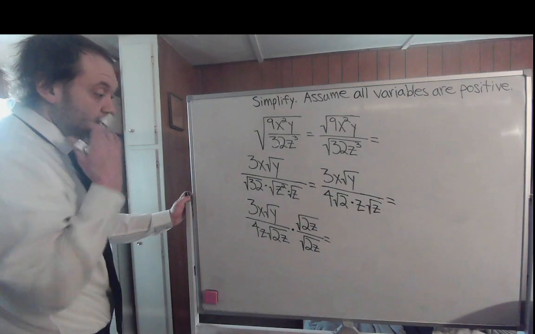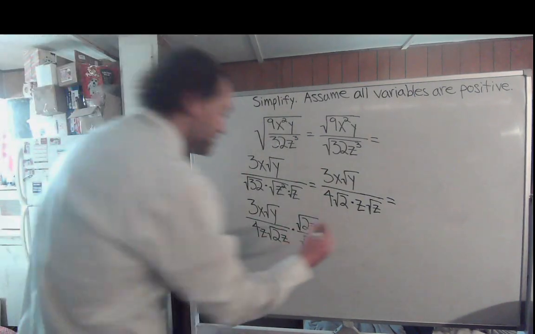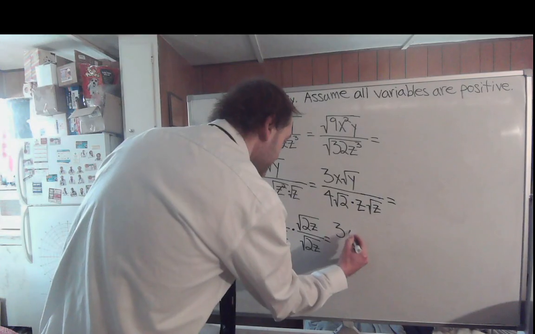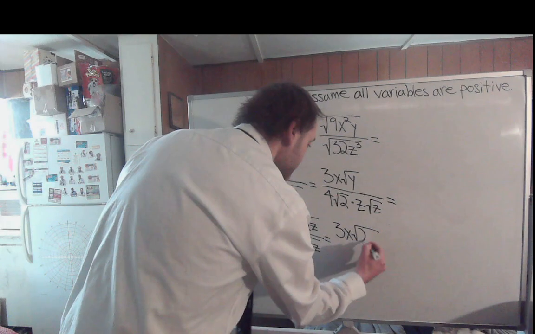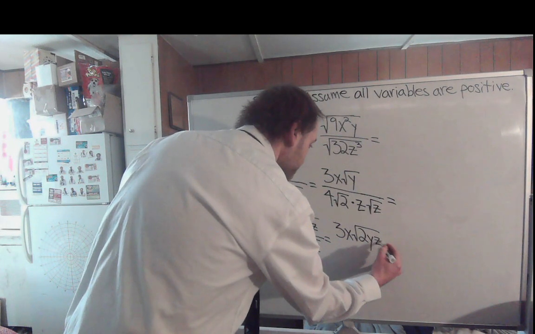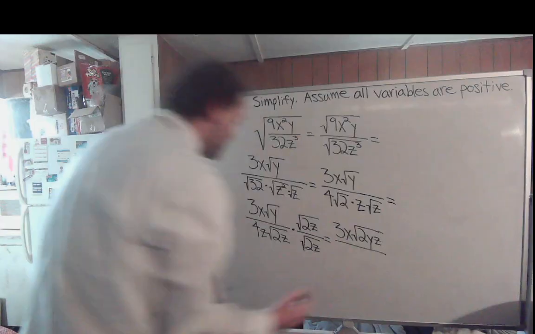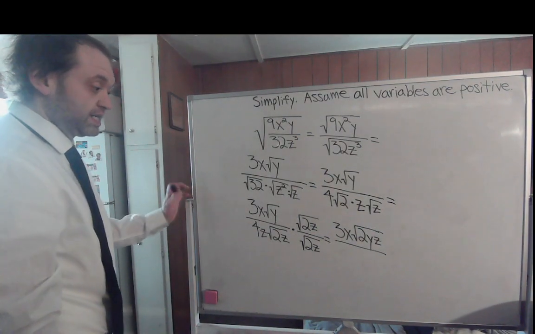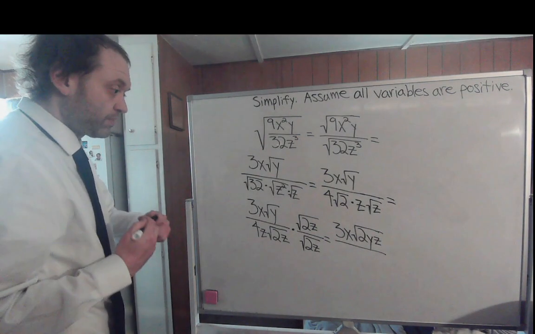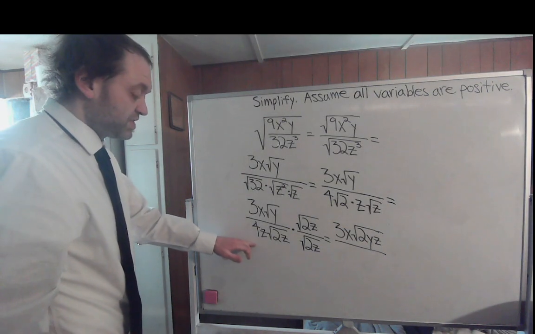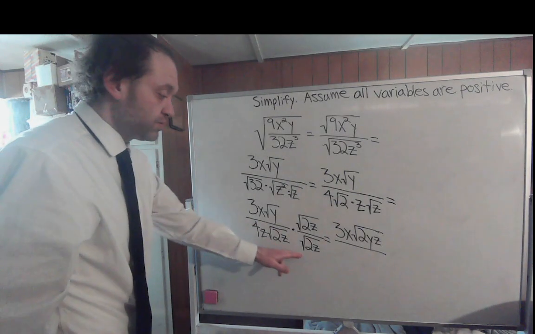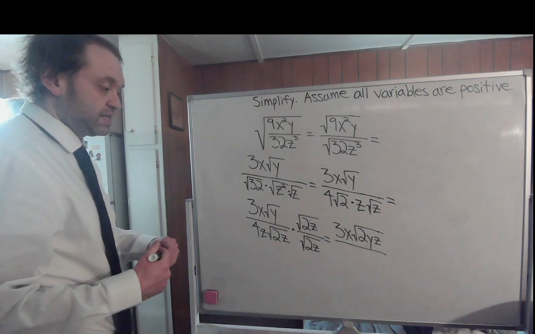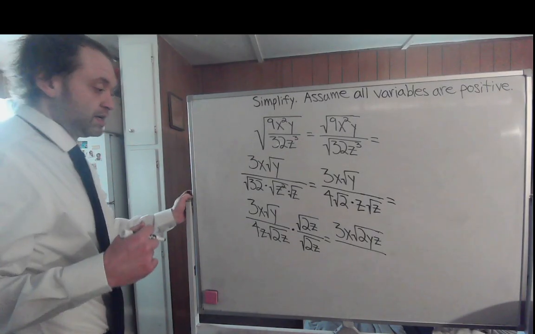All right, so the numerator is going to simplify into 3x times the square root of 2yz all over, let's look at your denominator. 4z times square root of 2z times 2z, well, the square roots are gone, so you'd have 4z times 2z.